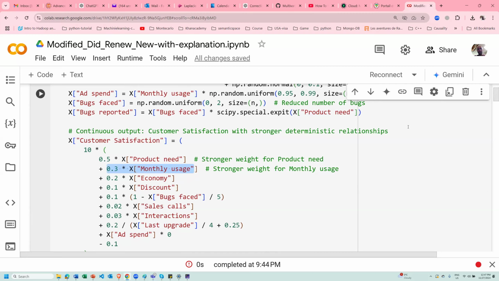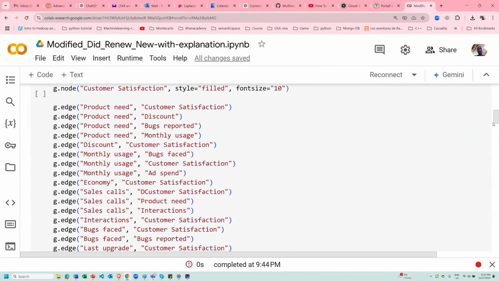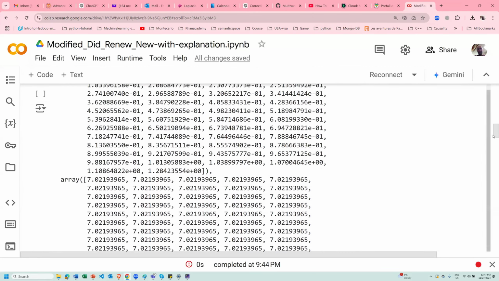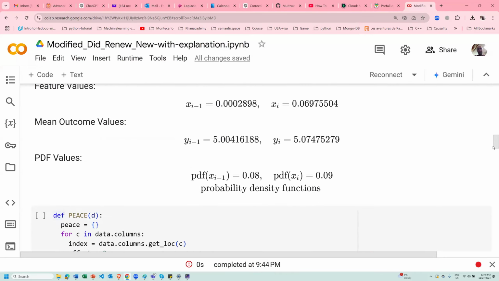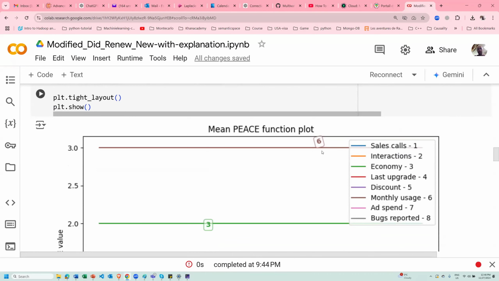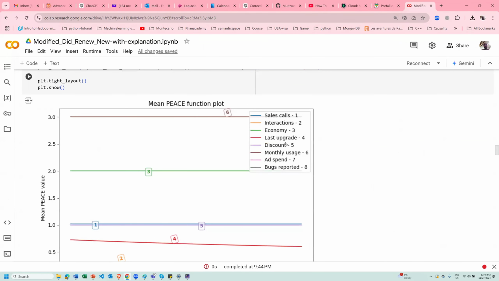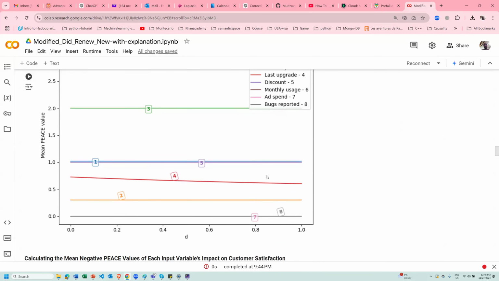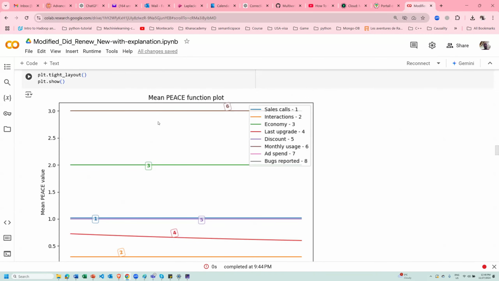It is monthly usage. And if we go back to our result, this one is number 6, which is monthly usage. So basically our result is evident.